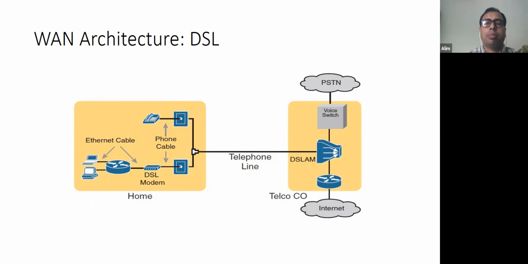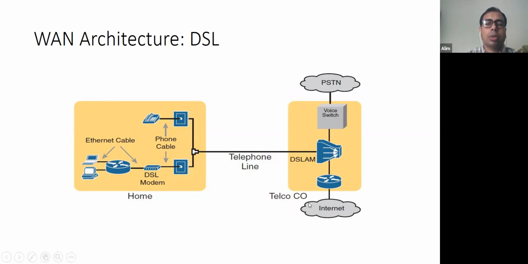In old days, the public switched telephone network (PSTN) was used for voice communication. Later, when the internet developed, people developed a mechanism to deliver internet over this telephone line.